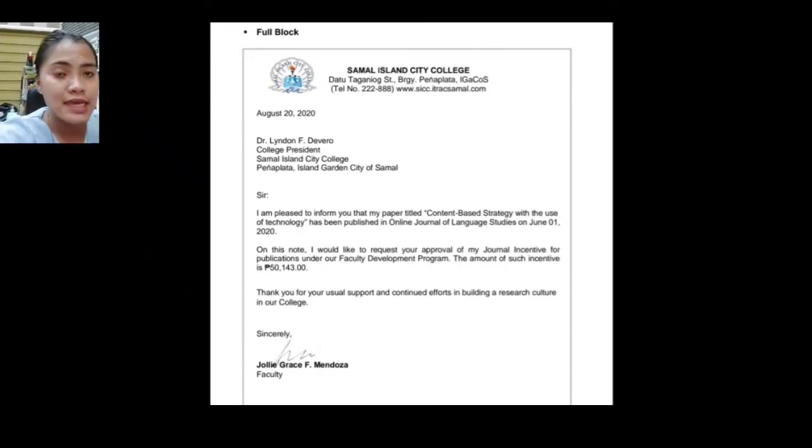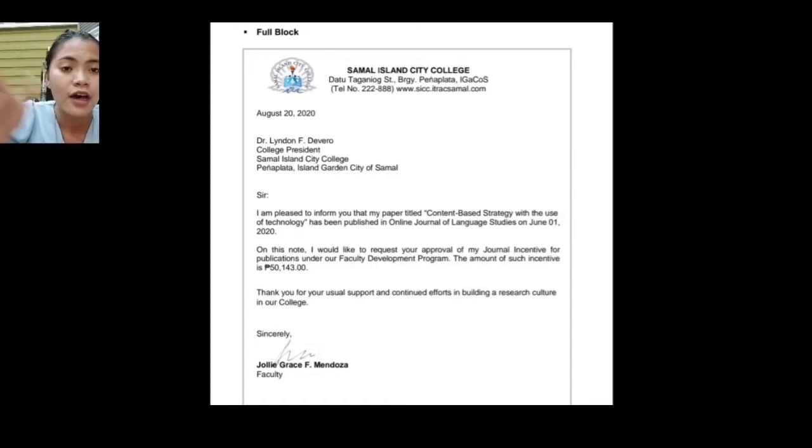In a full block letter, every component of the letter, the heading, address, salutation, body, signature, identification, and enclosures, is aligned to the left.